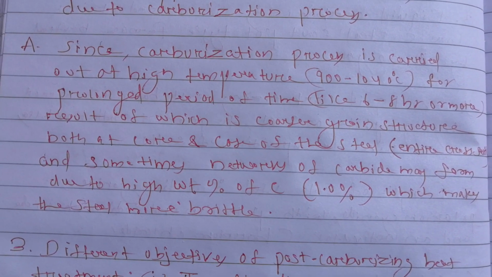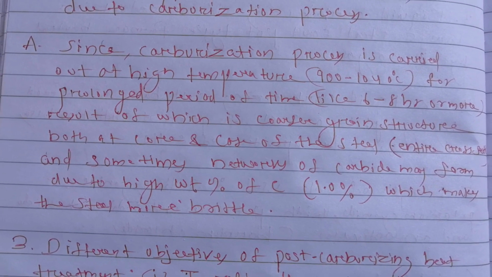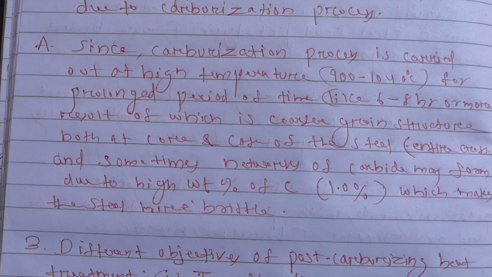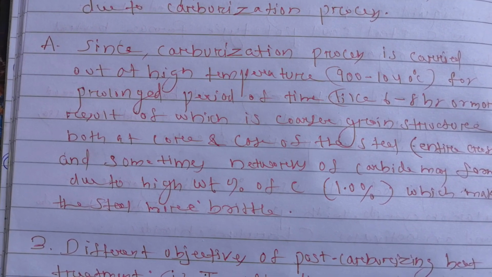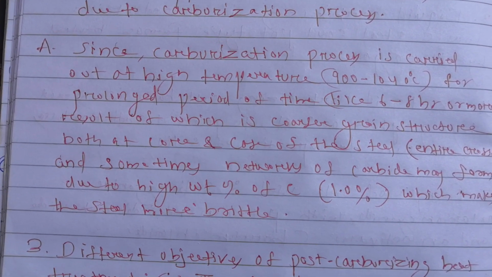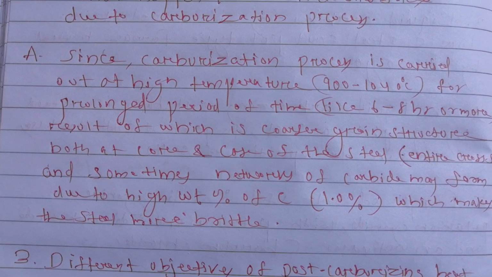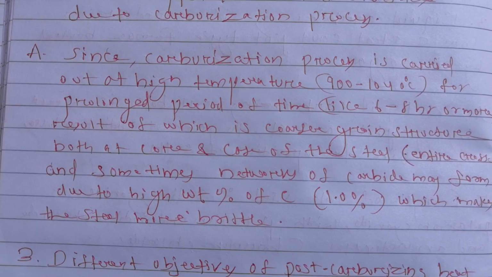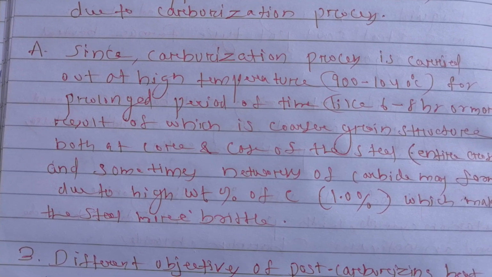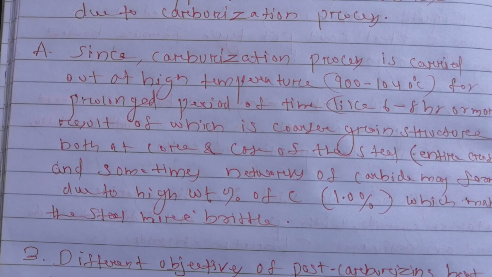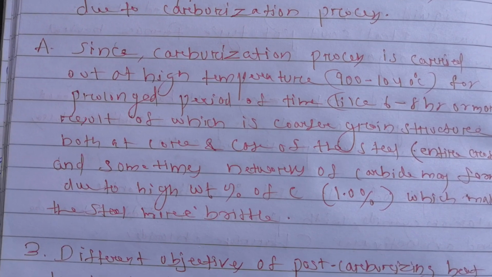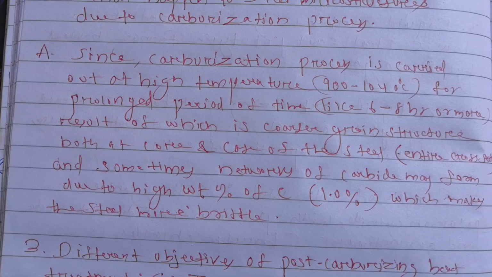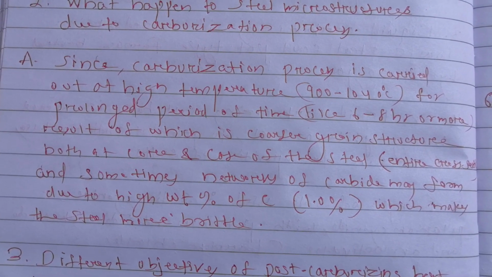And another point is, when the steel is exposed during carburization, sometimes if the concentration of carbon at the surface becomes very high, the cementite networks, the carbide networks, start forming on the surface, and carbide networks are brittle in nature, so they deteriorate the properties of the steel. So these are the two major concerns while doing carburization.